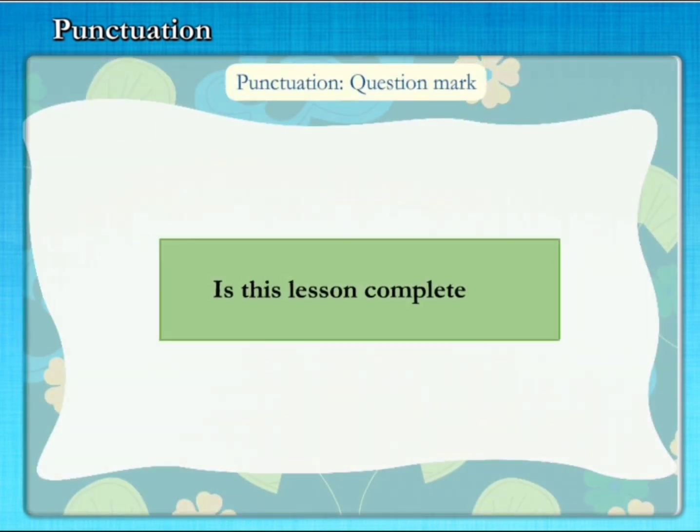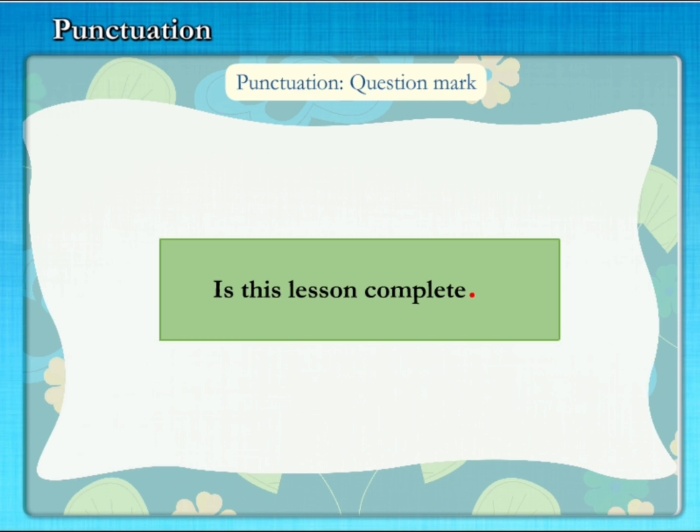Is this lesson complete? This is a sentence, but something is missing from it. What is missing? Is it a full stop? Let's see what happens if we put in a full stop to end this sentence. Is this lesson complete.